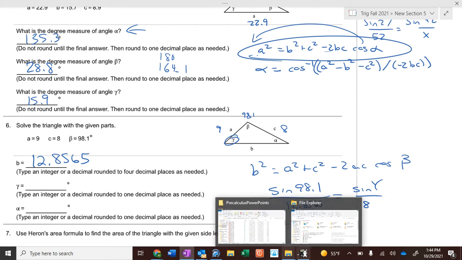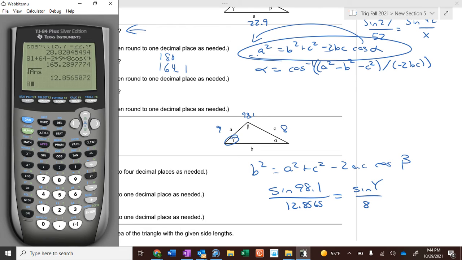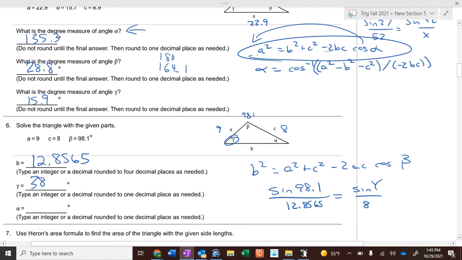Do the math. And you get 38.0 to 1 decimal place.